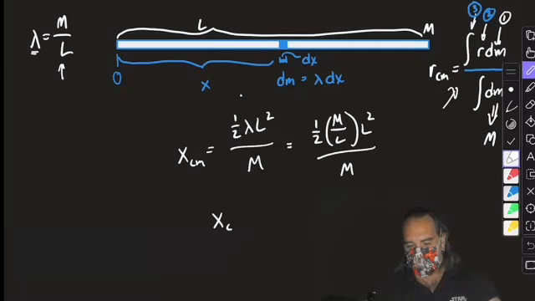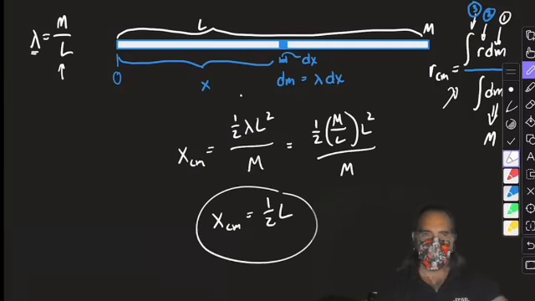And of course, this isn't a surprise. It's 1/2 L. We knew the answer from the beginning. But now I should be able to give you any shape. And if you can figure out how to express it, you should be able to figure out center of mass.